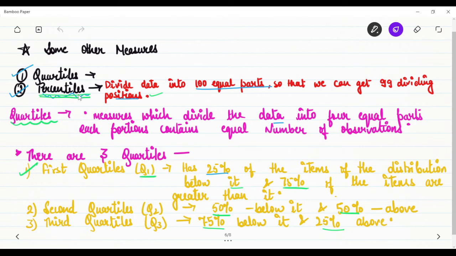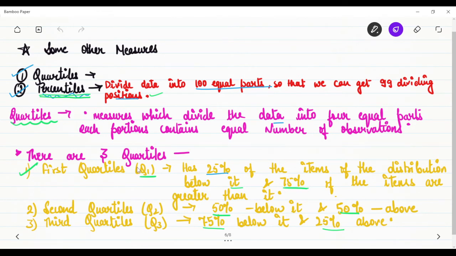Percentile divides the data into 100 equal parts so that we get 99 dividing positions. Quartile is a measure which divides the data into 4 equal parts. Each portion contains an equal number of observations.